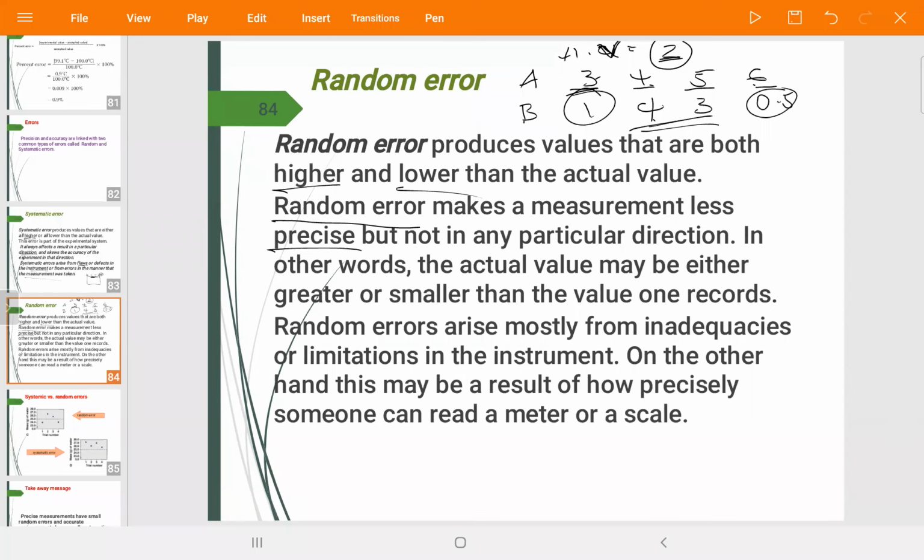When we say not in any particular direction, we mean that the values are not skewed to one direction. Now, how can this be incurred? They can arise mostly from limitations in the instrument. So random error can be incurred due to the inadequacies of the instrument.